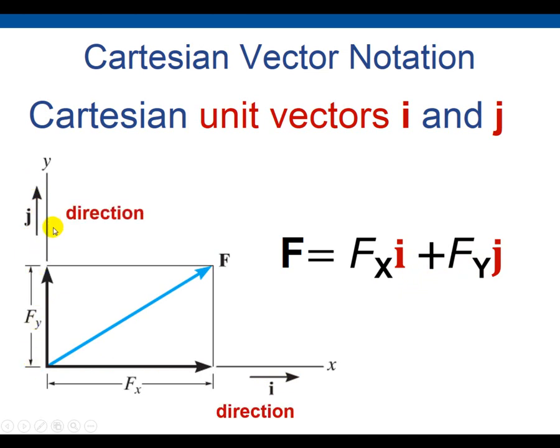So it's talking about the direction. I will explain what a unit vector is in the next class. But all you need to know is that i and j are talking about the direction. So i is for the x direction, j is for the y direction. Okay, so F equals Fx i plus Fy j. It's a Cartesian vector notation.